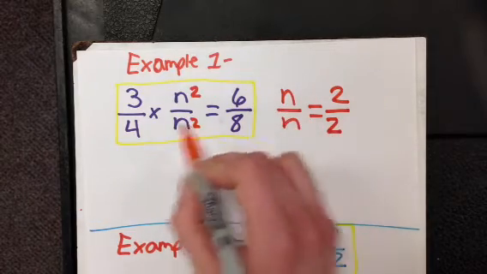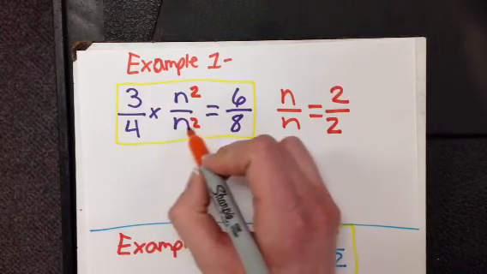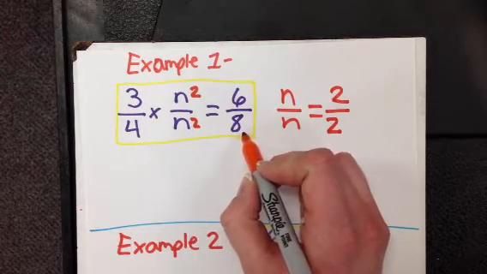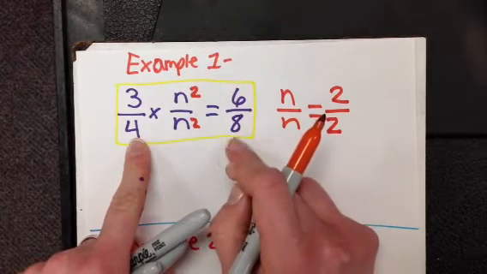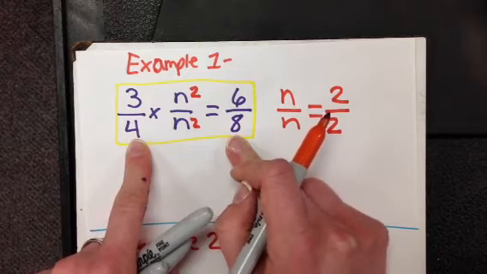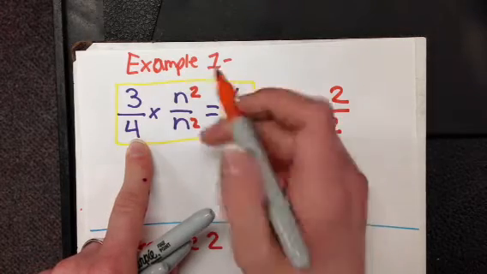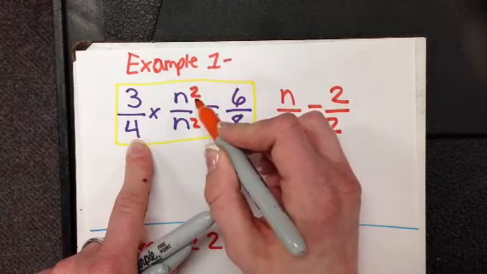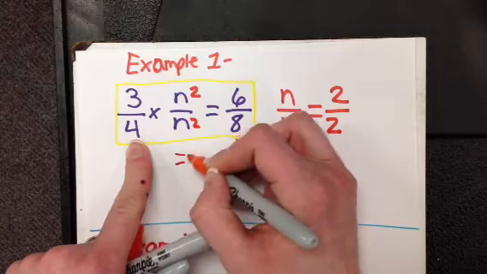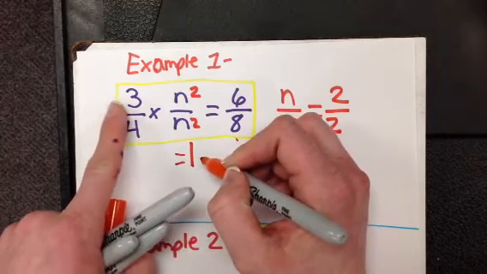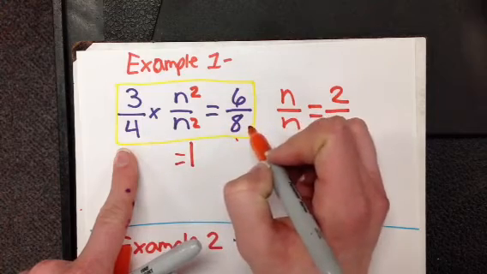So that means we have to multiply 3/4 by 2 over 2 in order for it to get to be 6 over 8. Now remember, 3/4 and 6/8 are the same, or they're equivalent fractions even though they look different. Because we multiplied it by a fraction that has the same numerator and denominator, which is equal to 1, it's the same thing as multiplying 3/4 times 1, except you're going to get a different fraction.